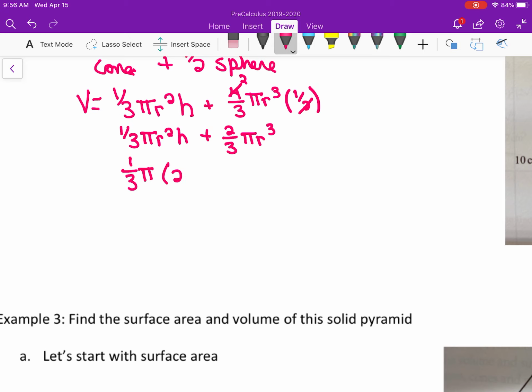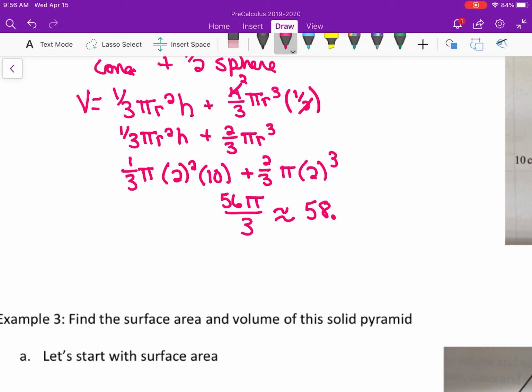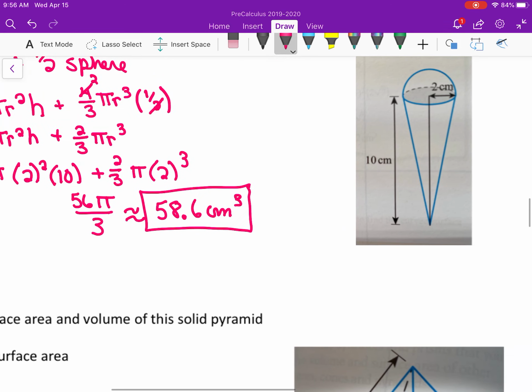So that's 1/3 pi 2 squared times 10 plus 2/3 pi 2 cubed, which gives you 56 pi over 3. Plug that into your calculator and you get about 58.6 centimeters cubed. So make sure you realize if you're looking at volume or surface area, obviously, that's going to be a big difference.